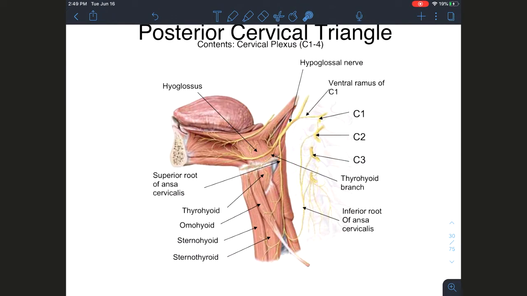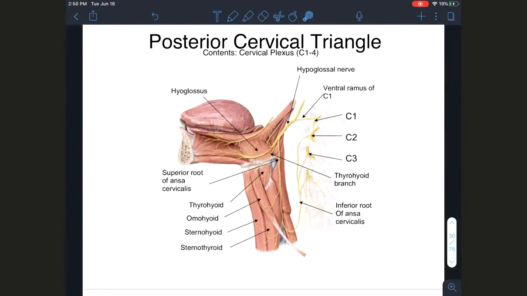Any questions? I know you said the inferior ansa, I can't talk. It's okay. Cervicalis. Yeah, thank you. Runs in the carotid sheath, you said? Mm-hmm. So yes. When they say the vagus nerve runs in the carotid sheath, it's really the inferior ansa cervicalis.